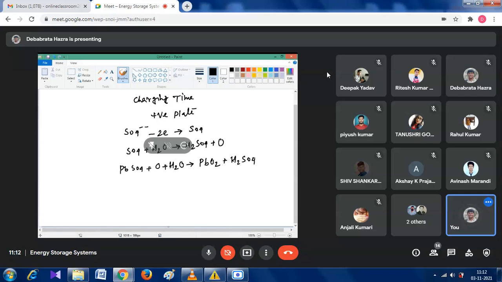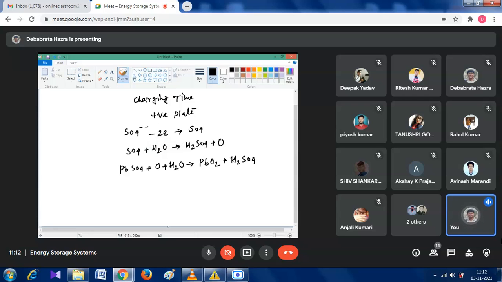Actually, when the discharging happens, the concentration of H2SO4, or say dilute H2SO4, becomes more dilute.